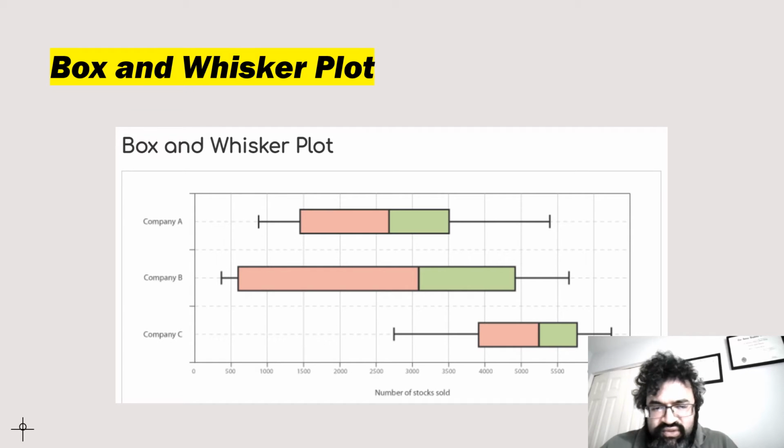So here's a boxplot, a typical plot. Not much going on here, but the important portions to notice are these.